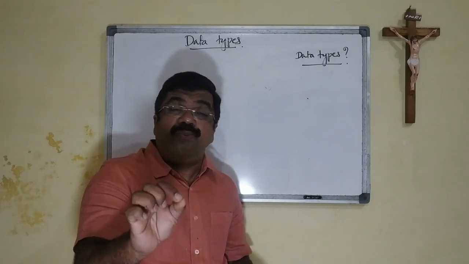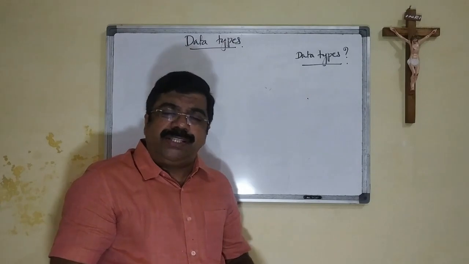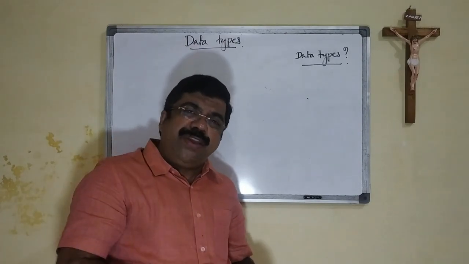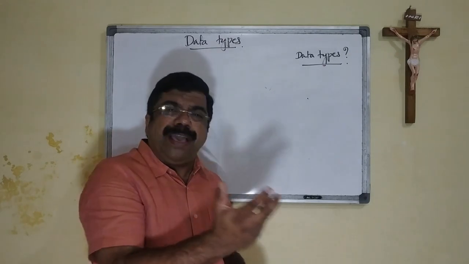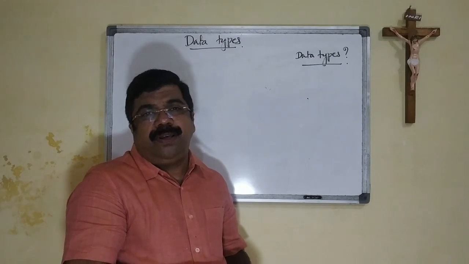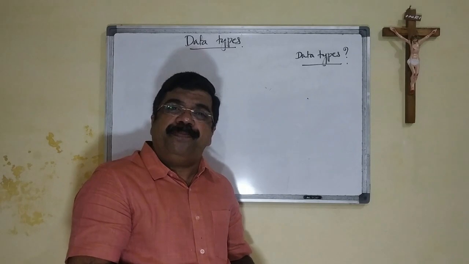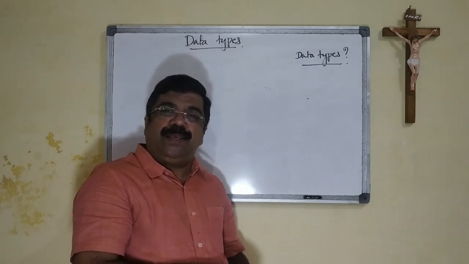And they are all different from each other. Suppose your name is fully composed of alphabets. In Java we call it a string. Then the price of an item, 499.99 paise, so it is in fractions.